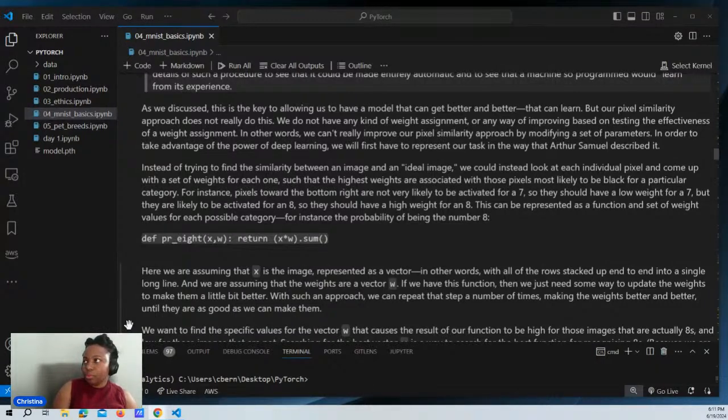And the highest weights are associated with pixels that are most likely to be black in our case, because of the black and white gradient. All right. So they came up with this formula just for how to know if it's 8. And you have that formula. So X is the image. W is a vector of weights.